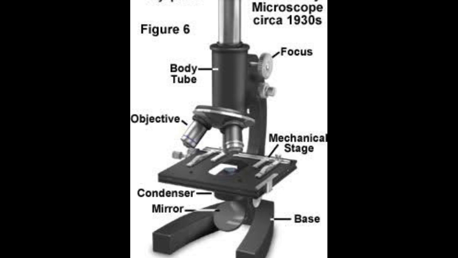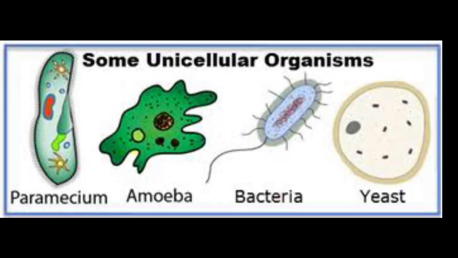Stains or dyes are used to color the parts of the cell for detailed study. The body of some organisms is made up of a single cell, and they are called unicellular organisms. Life activities like digestion, respiration, growth, excretion and reproduction are performed by this single cell. Examples: amoeba and paramecium.